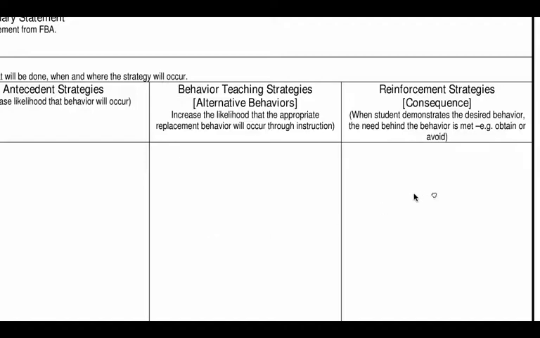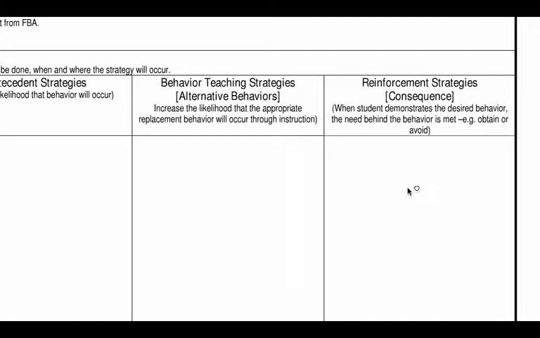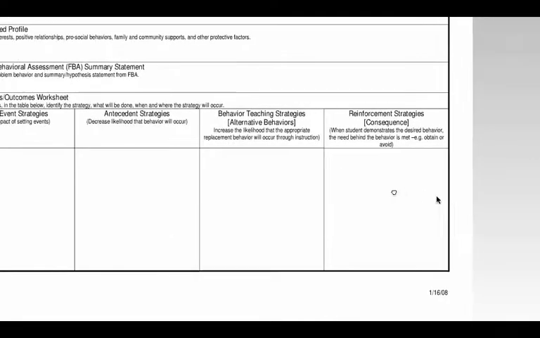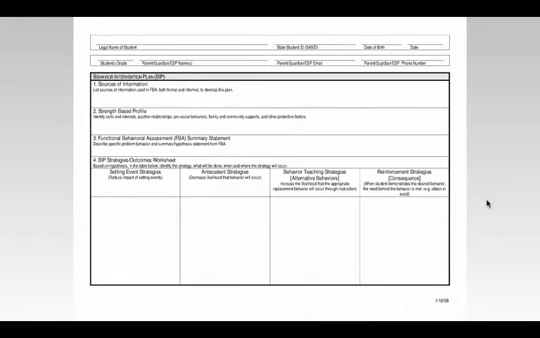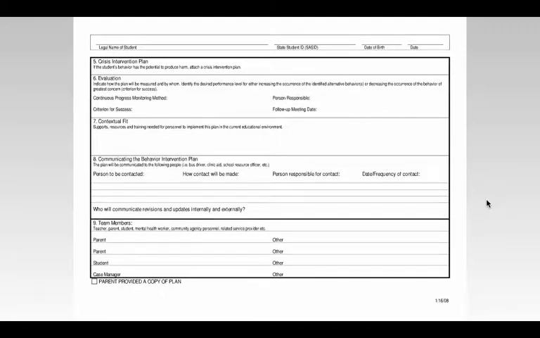And then finally, you're mapping out your reinforcement strategies. You're listing out all the behaviors that have been targeted for increase, and you're describing the consequences and the contingencies that you're putting in place in order to accelerate the kind of behavior that you desire. So this is what your plan looks like. It gets mapped out here.